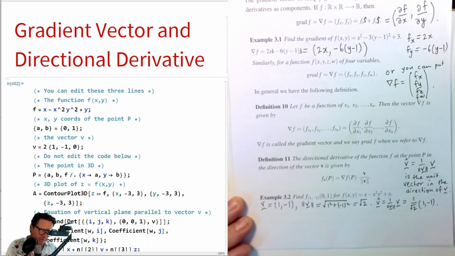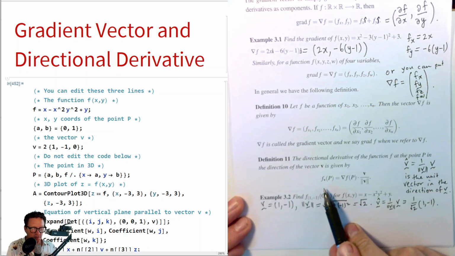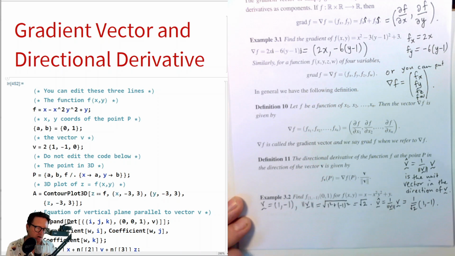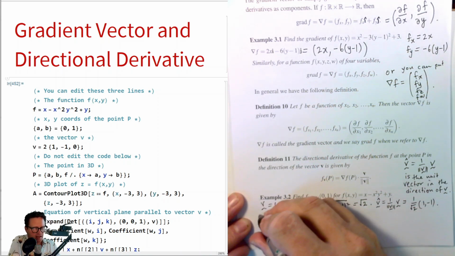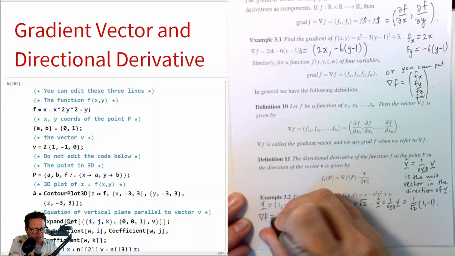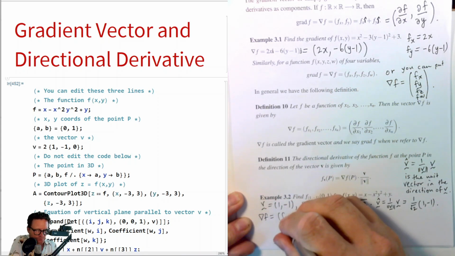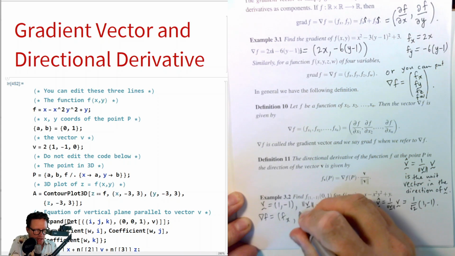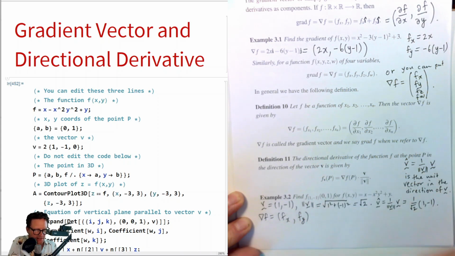Okay, now to calculate the directional derivative or the slope of the function at p in the direction of the vector v, well, we need to take a dot product with grad f at p. So we need to calculate grad f. So grad f is equal to (f subscript x, f subscript y). This is a vector.